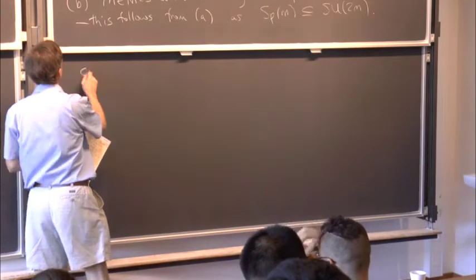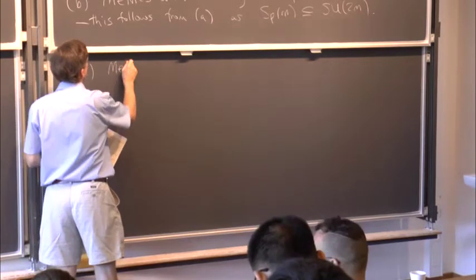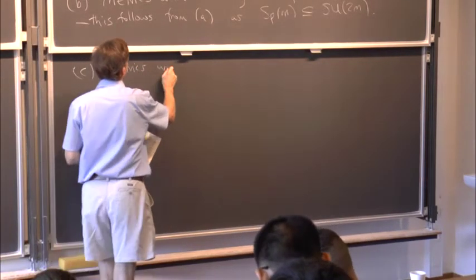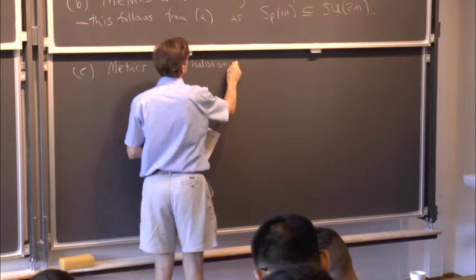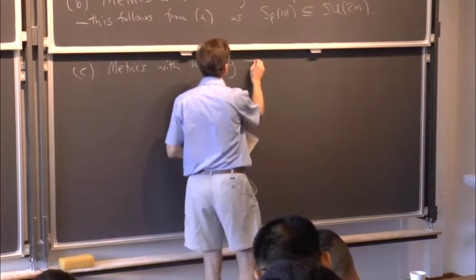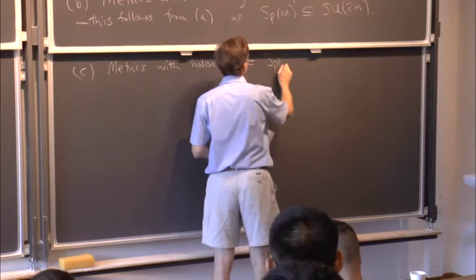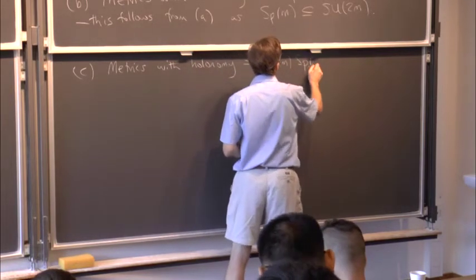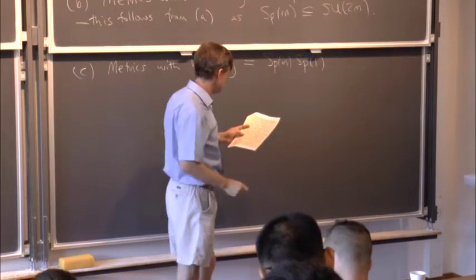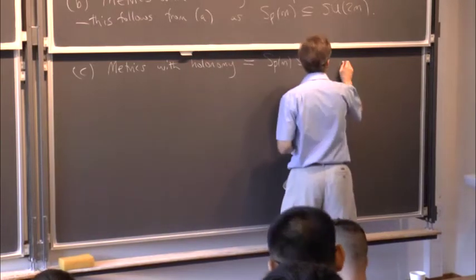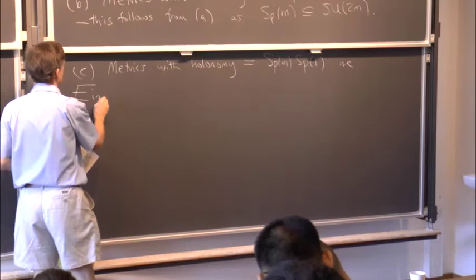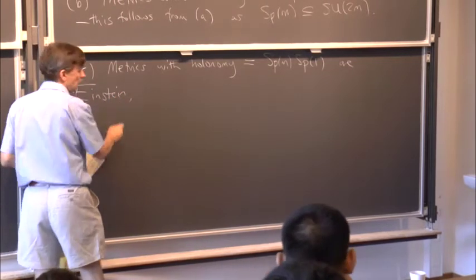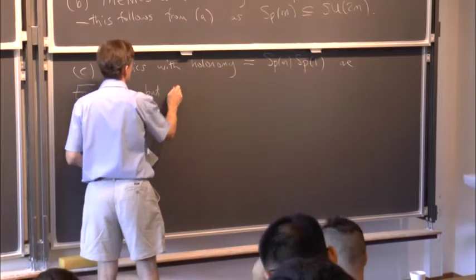Thirdly, metrics with holonomy, now I'm going to say equal to, not just contained in, Sp(m)Sp(1), these are Einstein, but actually not Ricci flat.